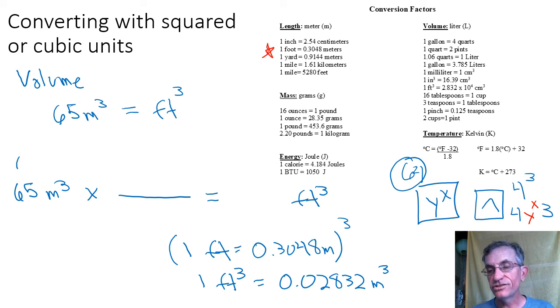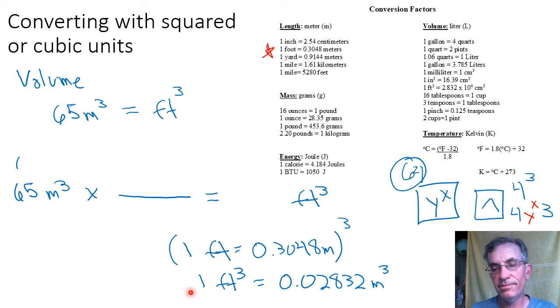All right, so with that, let's go ahead and plug it in now. Now we have the right conversion factor. So we're starting off with meters cubed. So what number goes on the bottom? If we're starting off with meters cubed, what number goes down here? Is it going to be 1? Or is it going to be 0.0283?